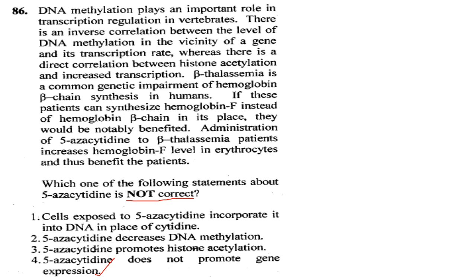As already mentioned in the case of DNA methylation, because it promotes histone acetylation, transcription rate increases. 5-azacytidine does not promote gene expression. That is not correct. So they have asked for the one which is not correct, and your answer is option 4.